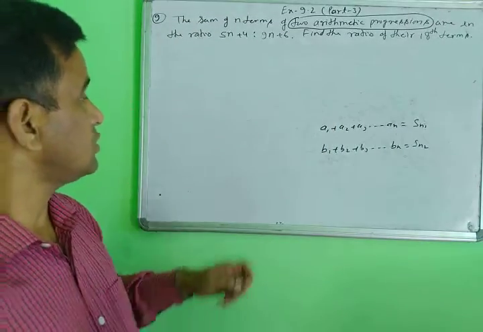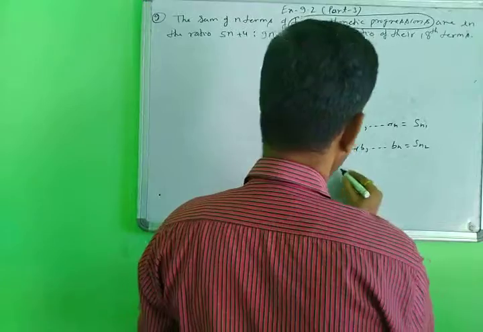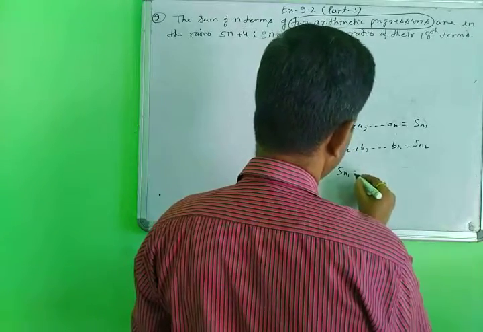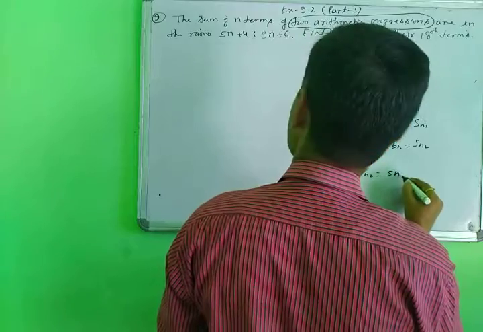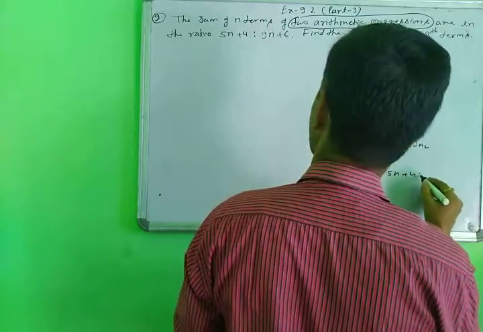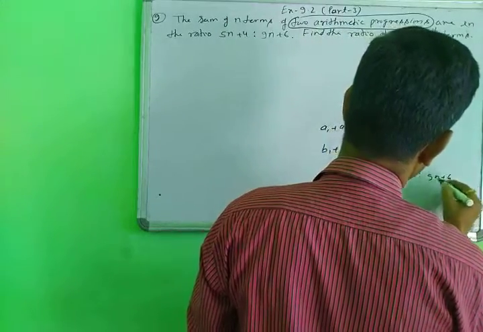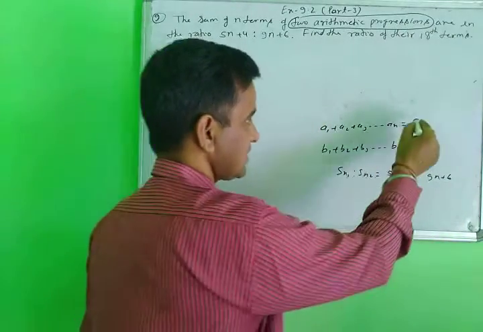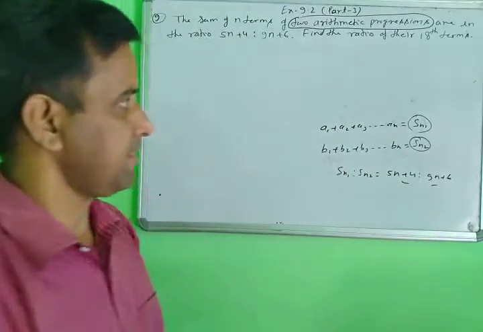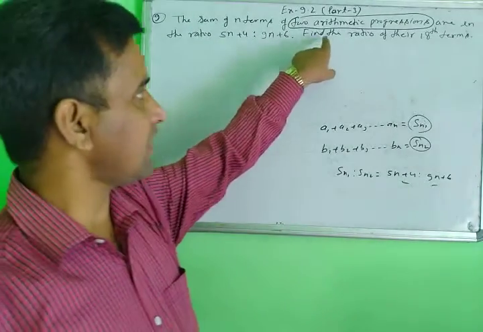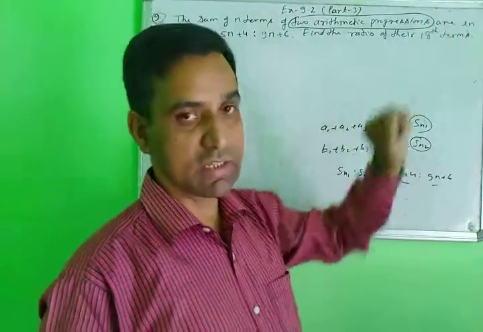The ratio of Sn1 to Sn2 is already given here: 5n plus 4 to 9n plus 6. The values of these Sn1 and Sn2 are given. And what you have to find is the ratio of their 18th terms.